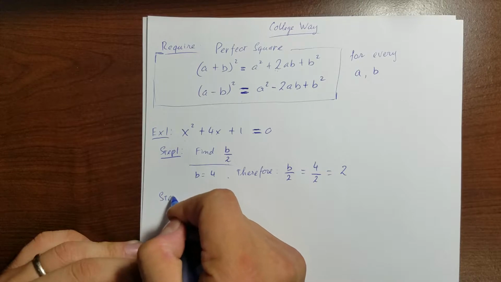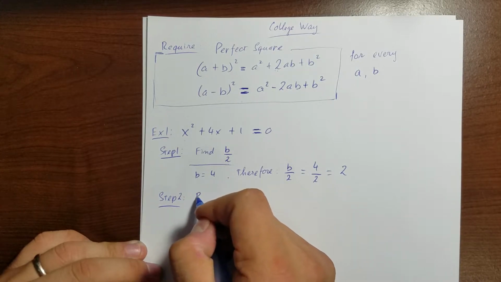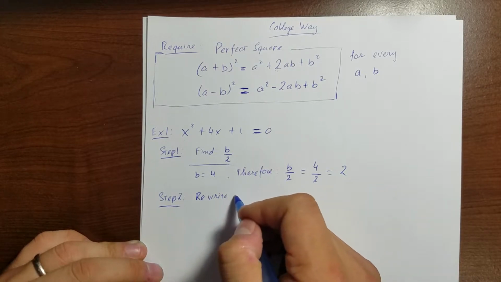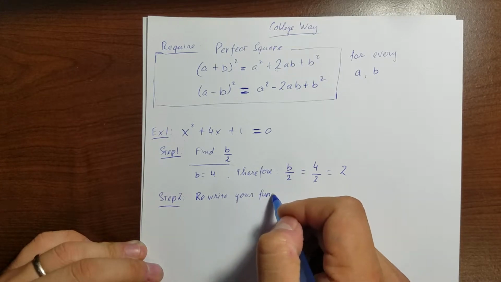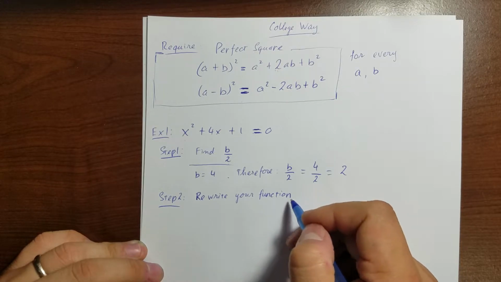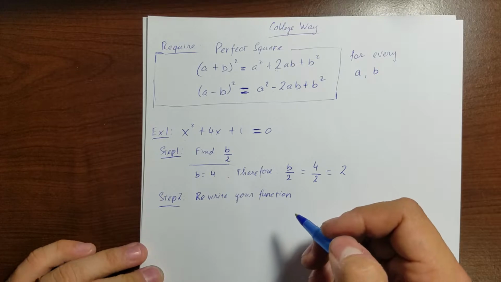Step 2 requires you to rewrite your function. The purpose of this is to let you see what you're missing, and therefore you can identify the A and B variables that we are looking for.